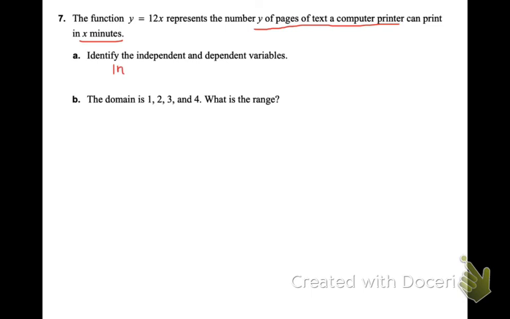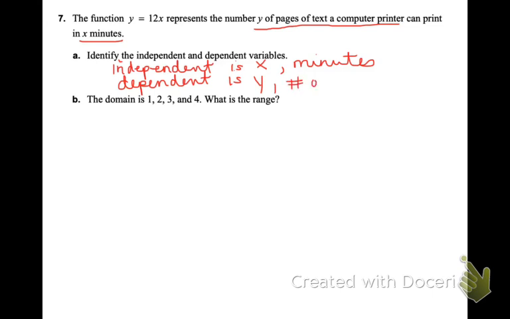So the independent variable is the x, that's the minutes. Dependent is y, and that is the number of pages printed, maybe. We'll condense that, right?